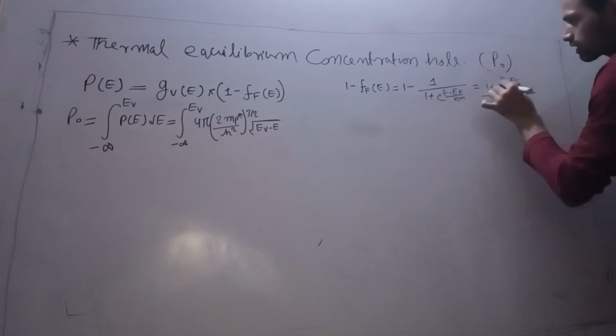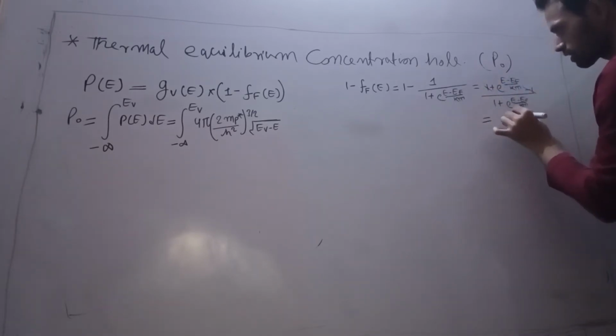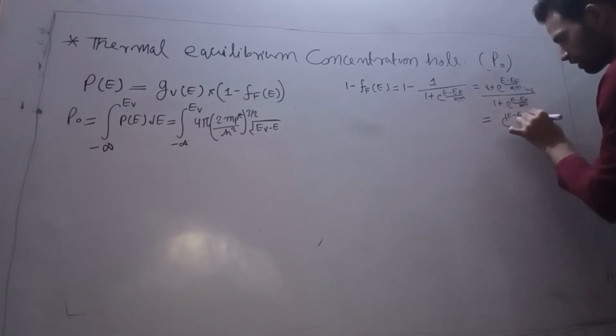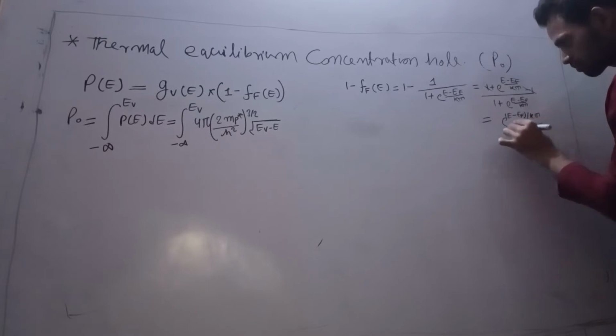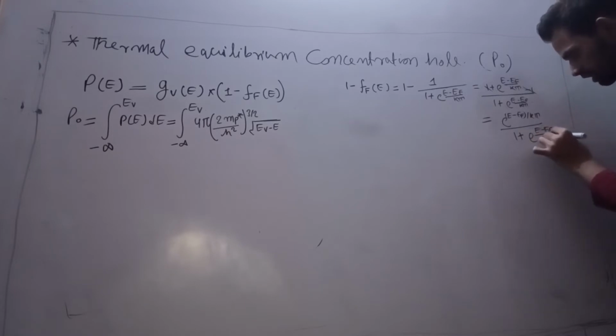So now 1 will get cancelled, and we are left with e to the power E minus EF by kT divided by 1 plus e to the power E minus EF by kT.